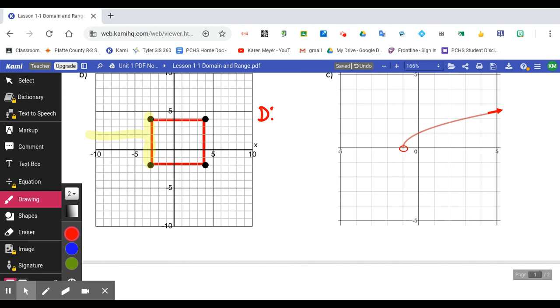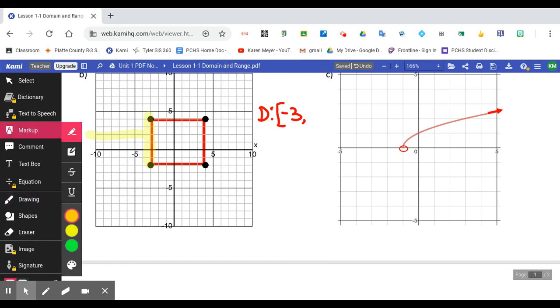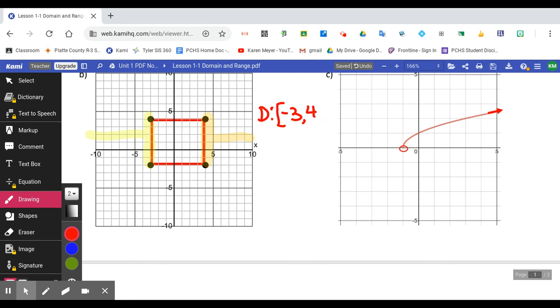The x number is going to be at -3, and that's a solid line, so we're going to put a bracket around it. And then if we come in from the right side, the very first time I'm going to hit my shape is going to be at the x number of 4. And once again, solid line, so bracket.